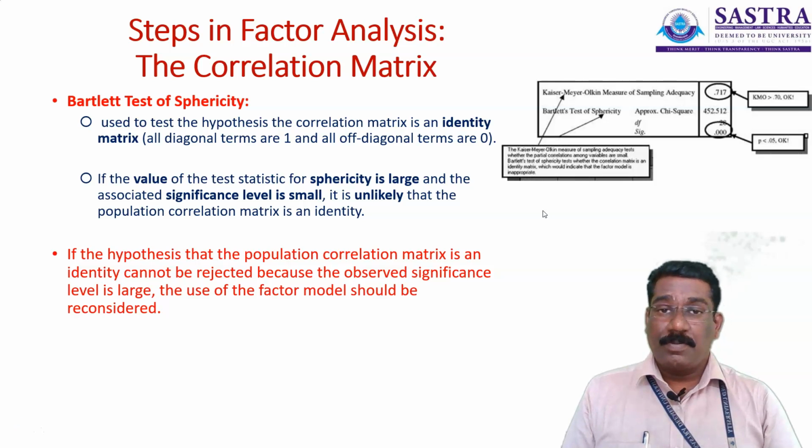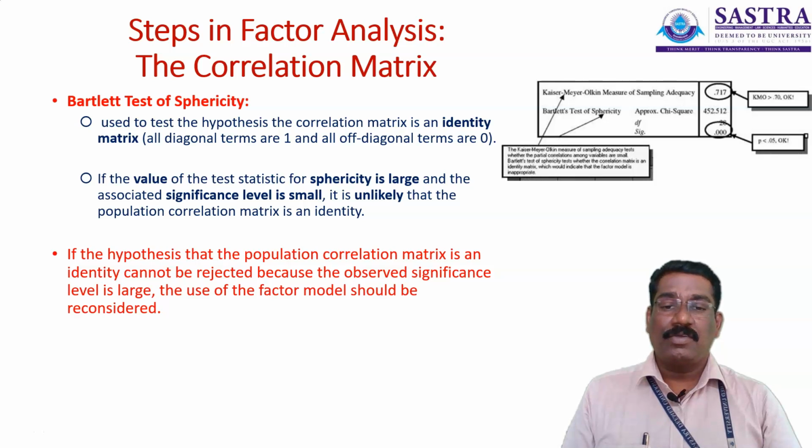The next explanation I would like to give you is that if the value of the test statistic of sphericity is large and the associated significance level is small, it is unlikely that the population correlation matrix is an identity matrix. Whenever you reach that conclusion by looking at the correlation matrix, only then can you execute factor analysis.